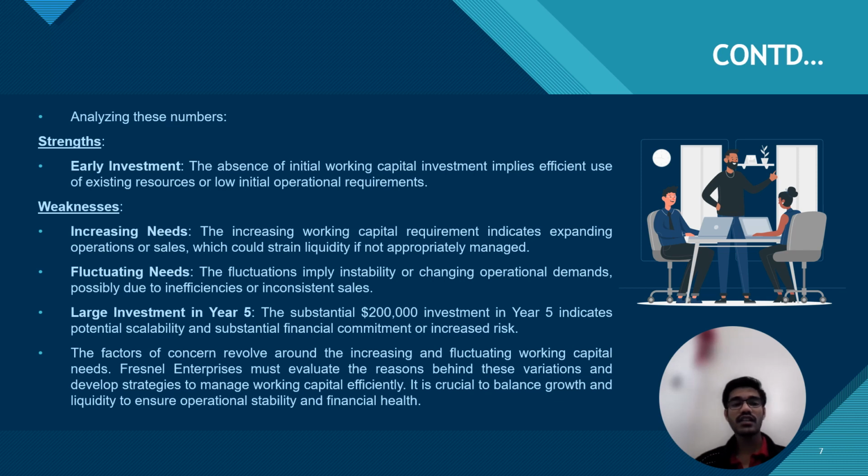These factors of concern revolve around the increasing and fluctuating working capital needs. Princeton Enterprises must evaluate the reasons behind these variations and develop strategies to manage working capital efficiently. It is crucial to balance growth and liquidity to ensure operational stability and financial growth.